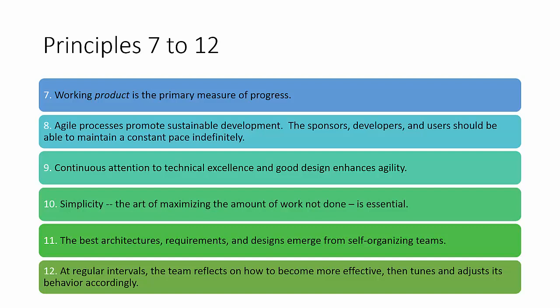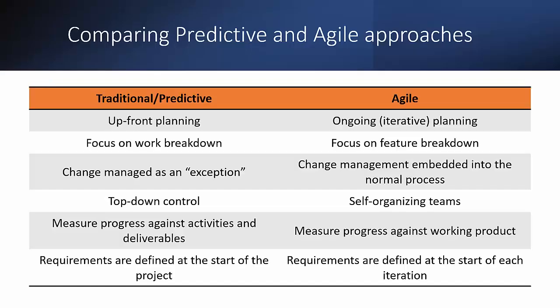Now, just before we move to the rest of the content, I'd like to make a little overview of comparison between the traditional approaches and agile approaches, and have a look at which elements are different between the two approaches.